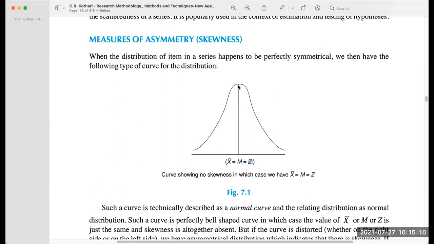Means this average line or mean line is going to show half of the data this side, half of the data that side. And such a curve is known as the normal curve, right? So the curve showing no skewness is one in which mean, median, and mode are all equal to each other, right?